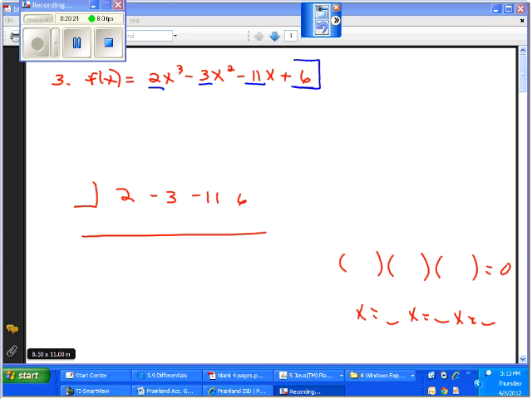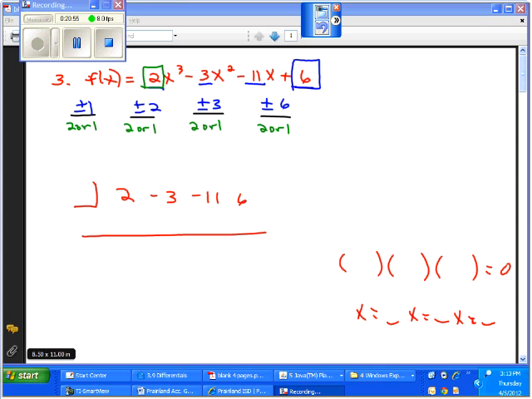So we're going to take that constant term, and we're going to do plus or minus all of its factors: plus or minus 1, plus or minus 2, plus or minus 3, plus or minus 6, over the factors of the leading coefficient, 2 or 1.